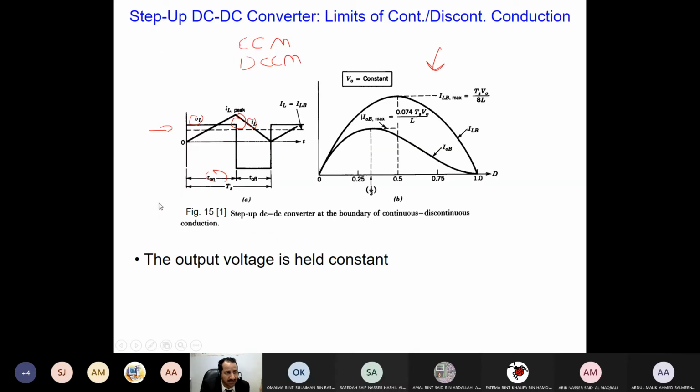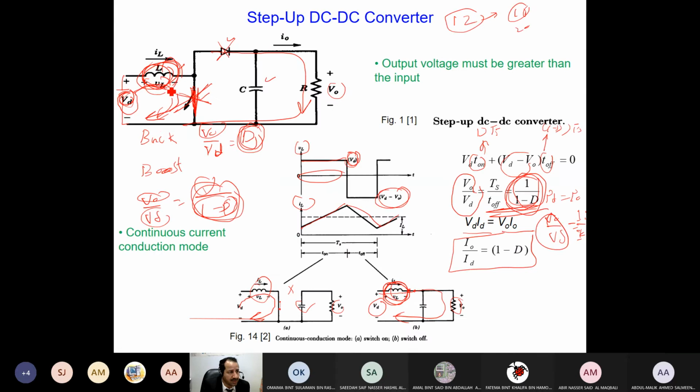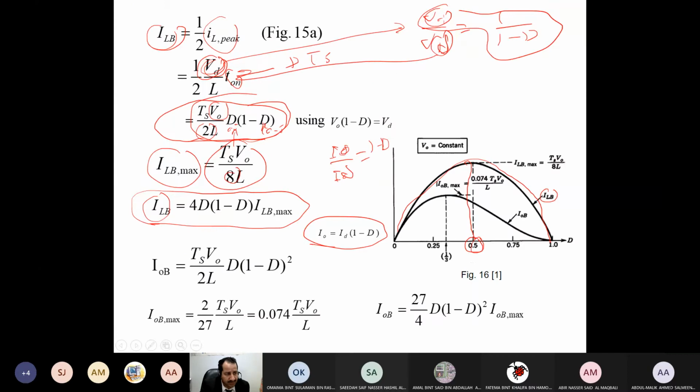It's connected on the input, so the input current, which is ID, equals IL. It is the same current. So I can find the output current in terms of the input current, which is IL. I just need to substitute this part here and multiply by 1 minus D. It will be (1 minus D) squared, because already I have 1 minus D and there is another 1 minus D.